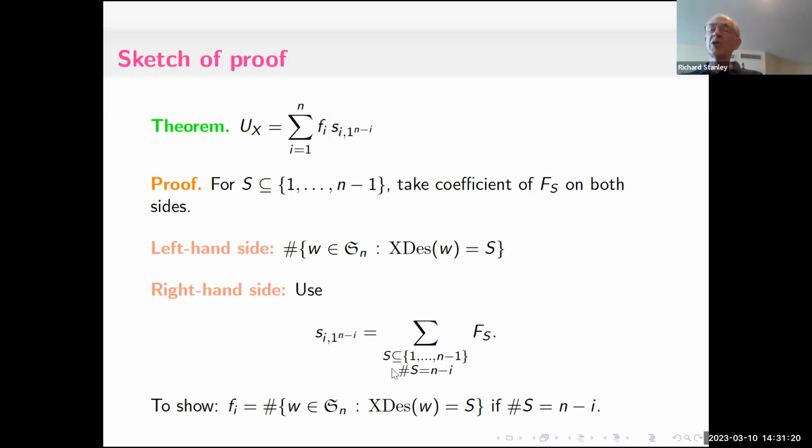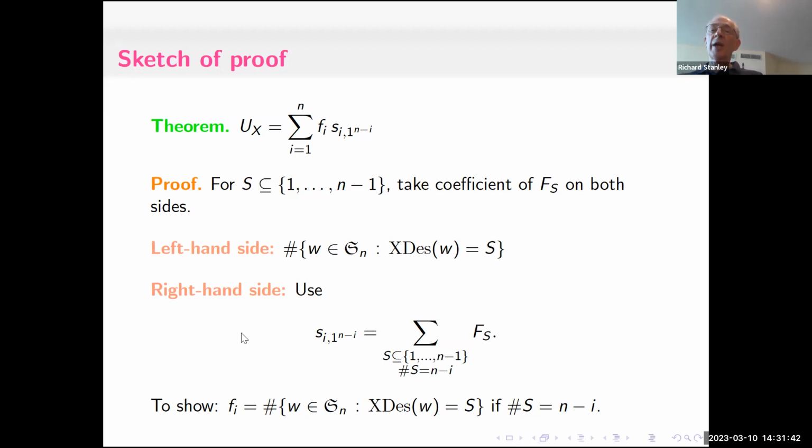S_(I,1^(n-I)) is just the sum over all Fs, where S has n minus I elements. So in particular, each Fs appears in exactly one of these terms. If S has n minus I elements, then it appears in the S_(I,1^(n-I)) term.